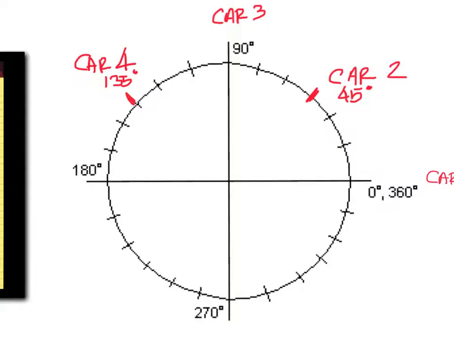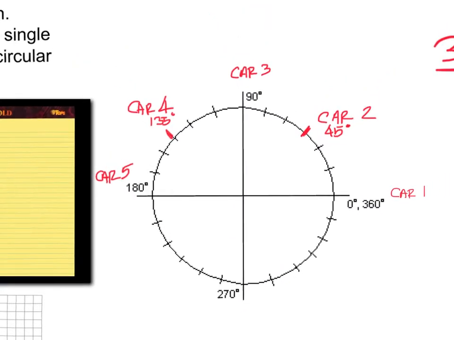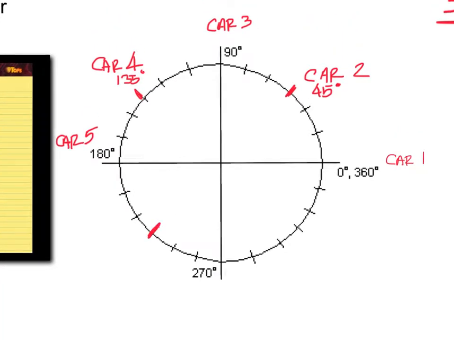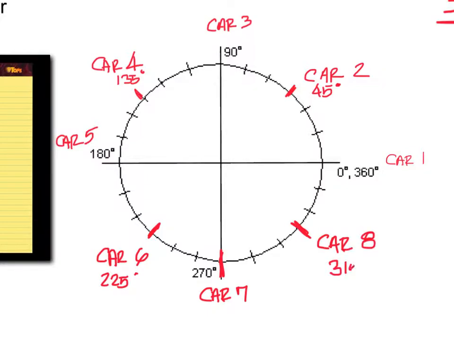And car 5 is going to be here at 180. Another 45 degrees puts us here for car 6. And that is 225 degrees. We're just adding 45 each time. And then right here is car 7 at 270. And then car 8, if we add 45 more degrees, we get 315.